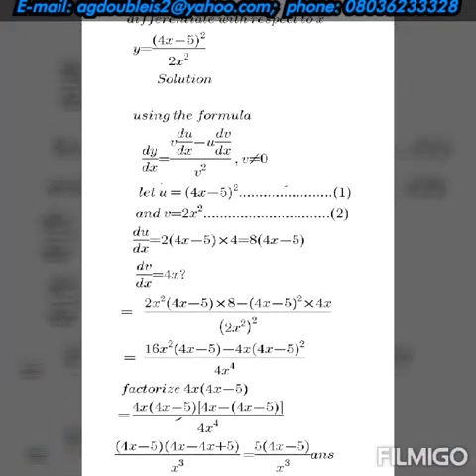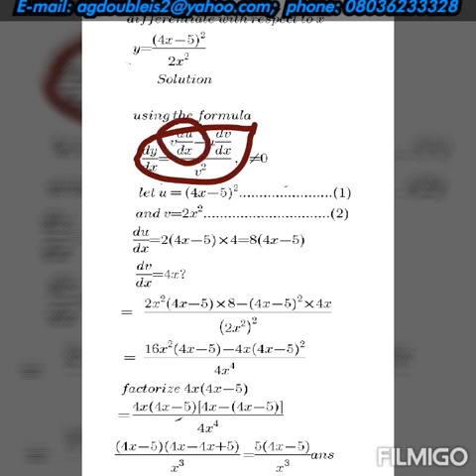This is the entire solution from the question down to the answer. Please note these steps. If you know these steps, it is easy. Quotient rule: the first thing you must know is how to quote this formula. You must always quote v du/dx before u dv/dx, because subtraction is not commutative, so you cannot say it the other way around. You cannot say u dv/dx before v du/dx.